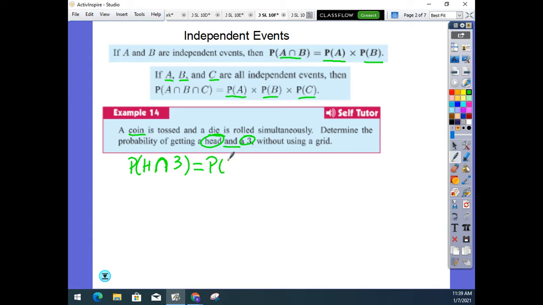So this is the probability of a head times the probability of a 3. The probability of flipping a head is 1/2, times the probability of rolling a 3, which is 1/6, which means the probability of flipping heads and rolling a 3 is 1 out of 12.